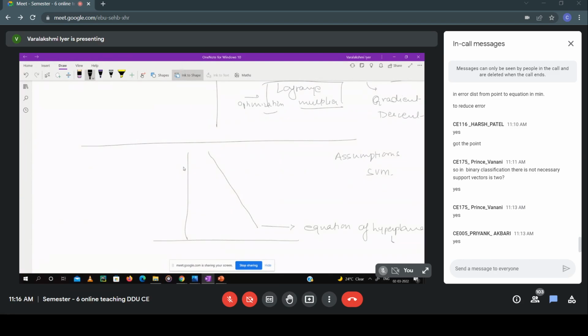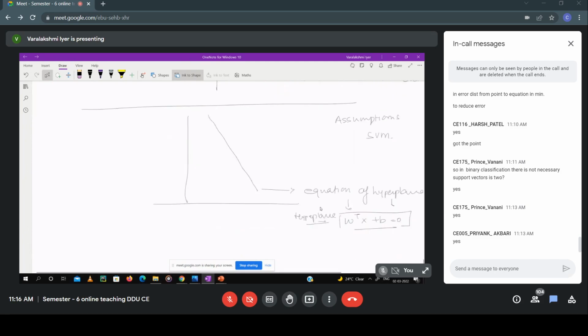Normal line equation will be y is equal to mx plus c, right? In the case of hyperplane equations, which are of n dimensions, for example, right now we'll be talking about only 2-dimensional data. So it will be something like W transpose X plus B is equal to 0. This is the hyperplane equation that we'll be utilizing. This is an assumption that we are making.